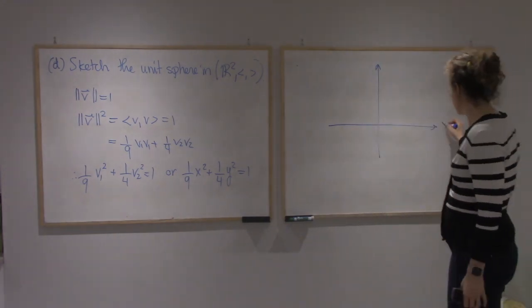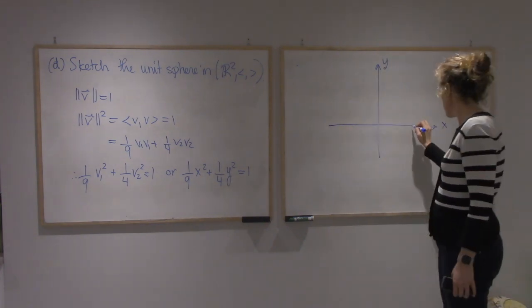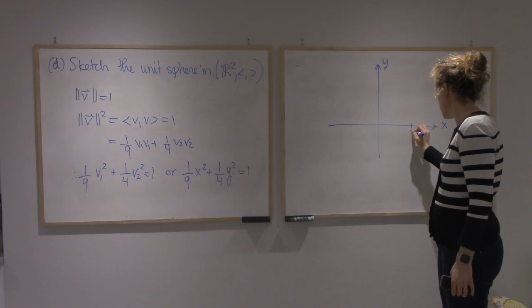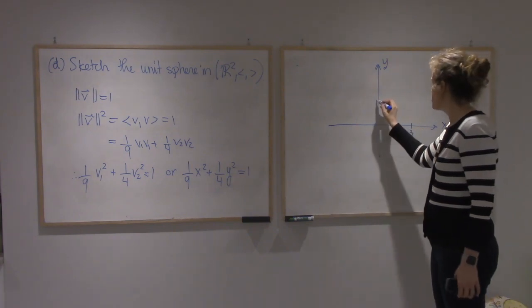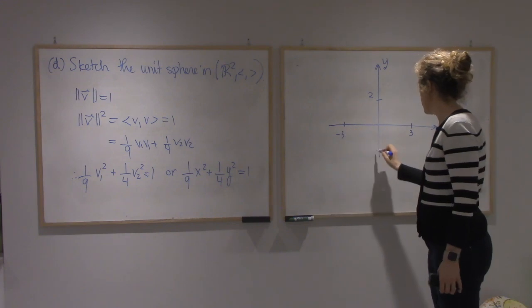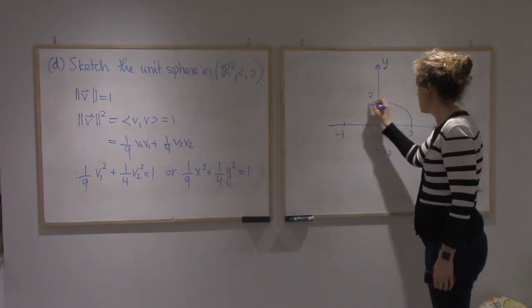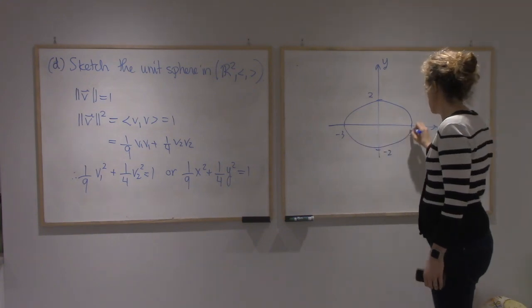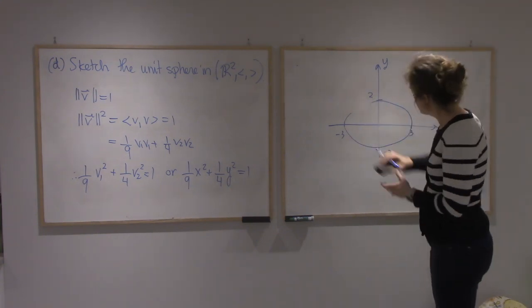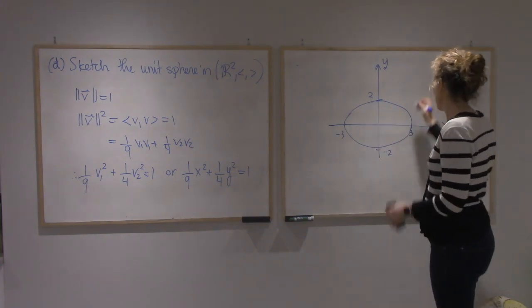If x is 3, that's going to be my x-intercept. For y, I'm going to need 2. And so -3, -2. So my ellipse will look something like this.